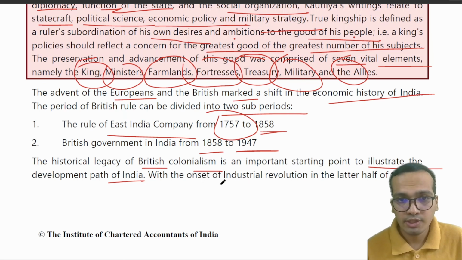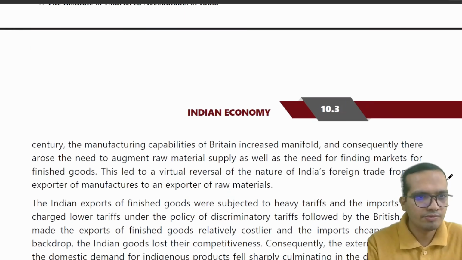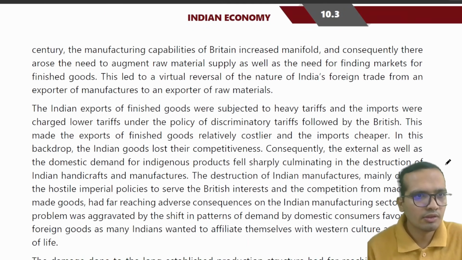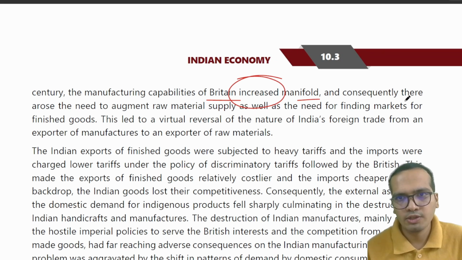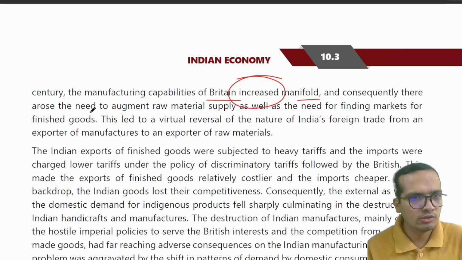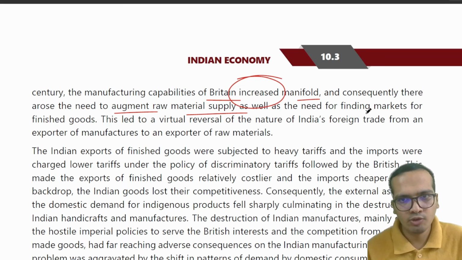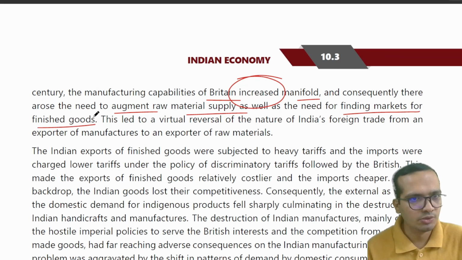With the onset of the industrial revolution in the latter half of the 18th century, the manufacturing capabilities of Britain increased manifold, and consequently there arose the need to augment raw material supply as well as the need for finding markets for finished goods.